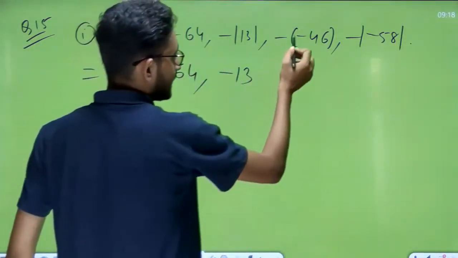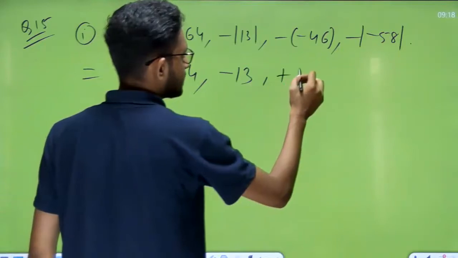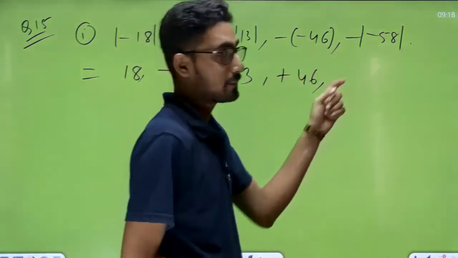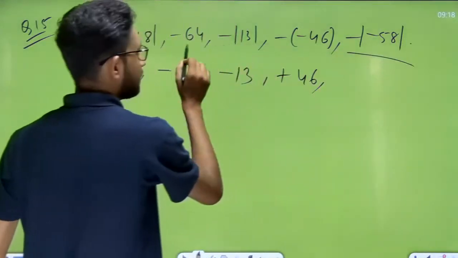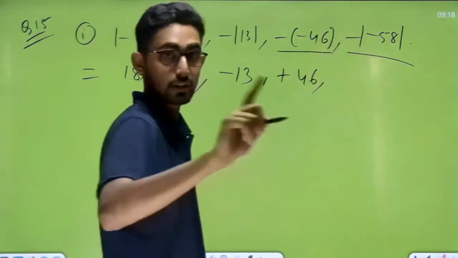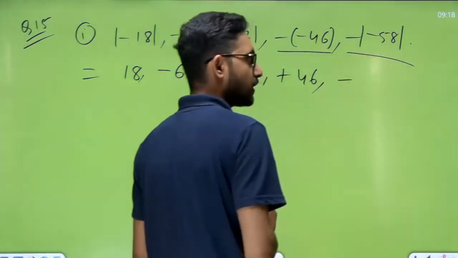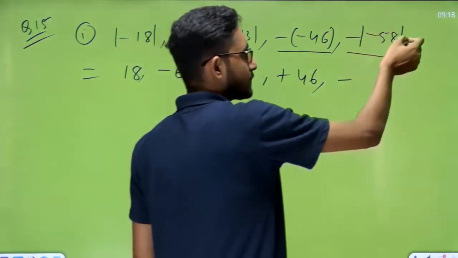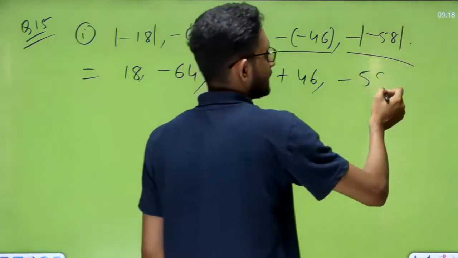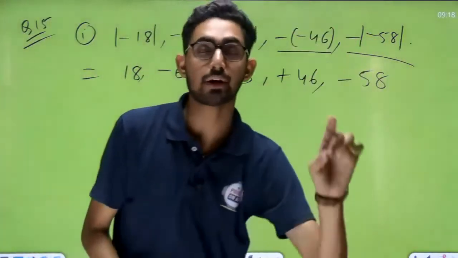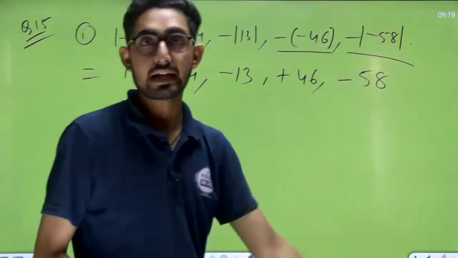Next, minus minus plus 46. And this one, अब इसमें confuse नहीं हो जाना. Because this one and this one are not the same. We can say minus, write down first of all. And what is the value of minus 58? Plus का 58. Now students, these all the integers we have to write down according to the ascending order.